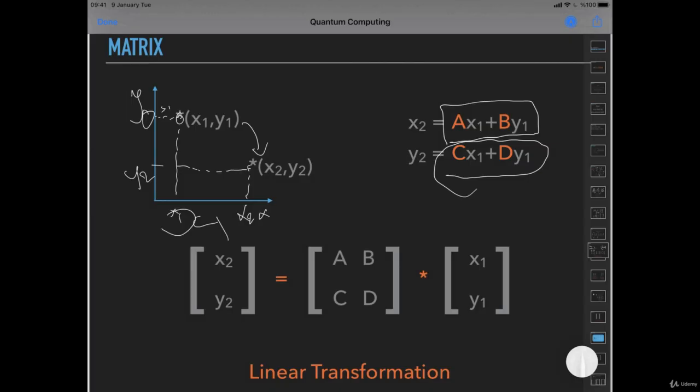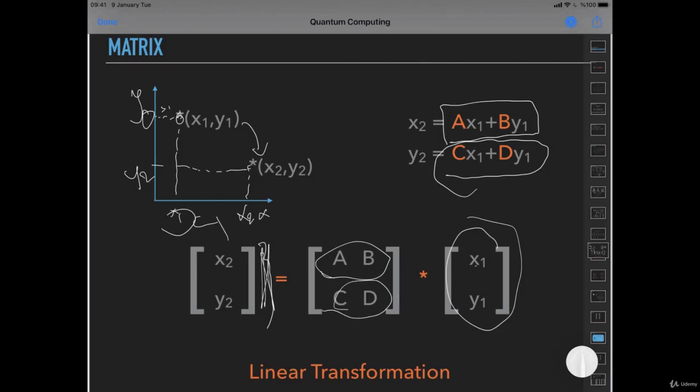And it happens that we can actually represent the same thing with column vectors, column matrices: the column matrix over here, x2, y2, and x1, y1 was our initial point. If we just multiply this with the matrix over here, a, b, c, d, we don't know the values yet, so it really doesn't matter.